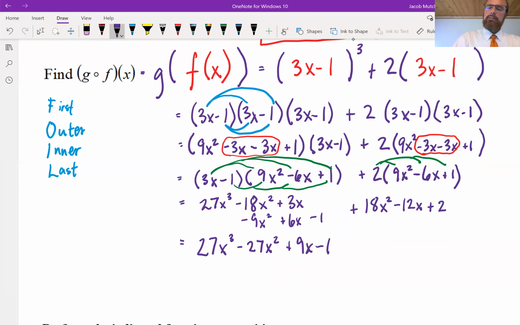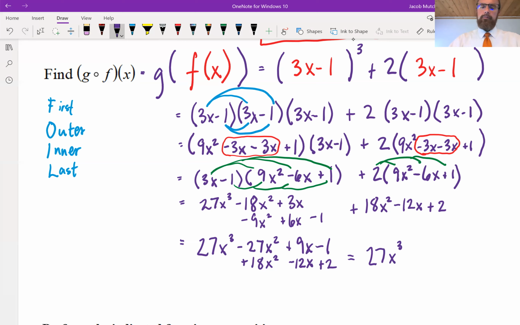And then I'm going to take the terms of this second trinomial and record them underneath the terms they'll combine with for the final polynomial. So I'll put 18x squared under negative 27x squared. Under 9x, I'll write minus 12x. And then under minus 1, I'll write plus 2. And that will give me my final polynomial. So we've got 27x cubed.